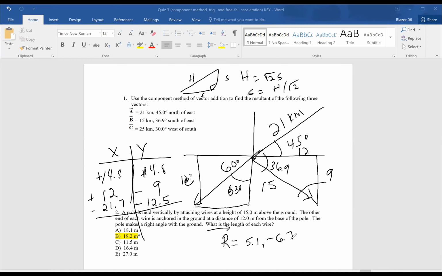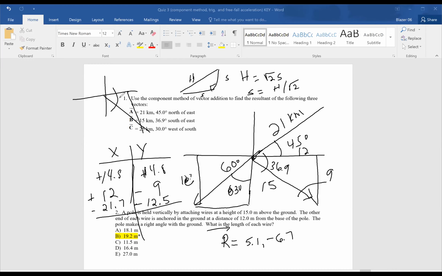So what does that mean then? That means you have a new vector, which is your resultant vector. And that resultant vector, I'm going to go to this corner right here. Your resultant vector has an x component that's positive and a y component that's negative, which means I'm going to go over here and come down here, and that's where that vector is.